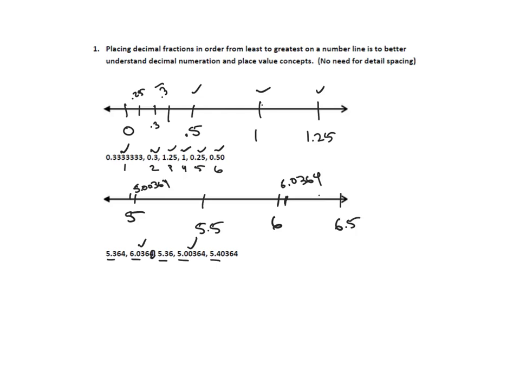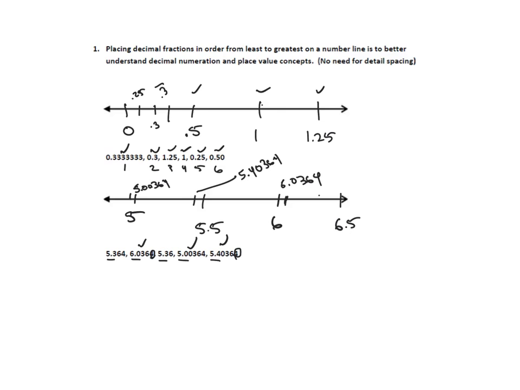Now when we look at these two, I've got 5, and so just a little under 5.5. So that would be 40,364 ten thousandths. Tenths, hundredths, thousandths, 10 thousandths, 100 thousandths represents that 4.